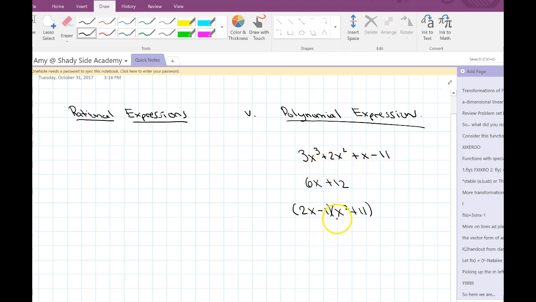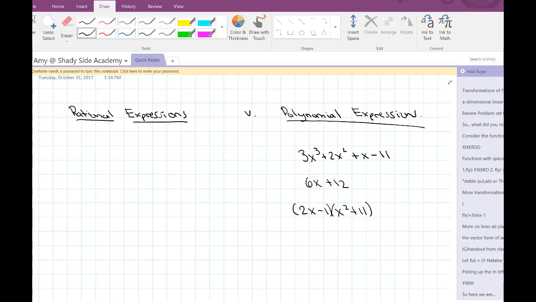They're defined by integral degreed terms. When we graphed polynomial functions, we know that the domain's all real numbers, they're smooth and continuous, et cetera.